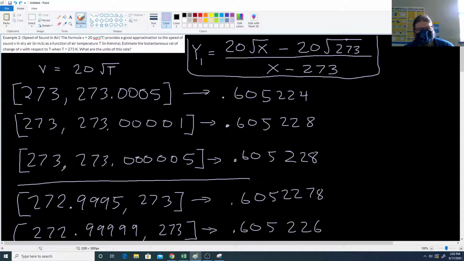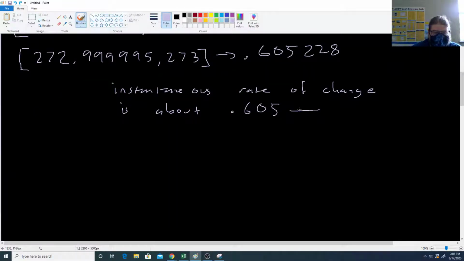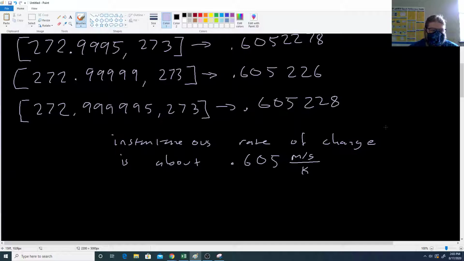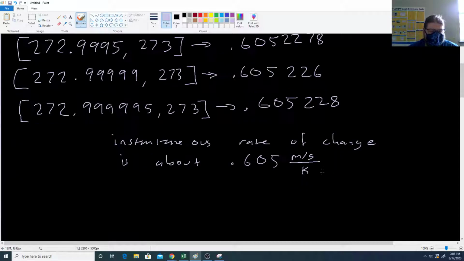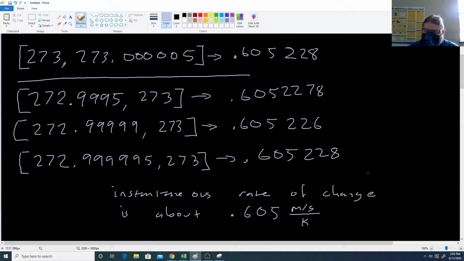So it's going to be meters per second per Kelvin. We could write it as meters per second per degree Kelvin. This would be an estimation out to 3 decimal places. Ours agreed pretty far out, so we could have taken it to more decimal places, but we'll say 3 decimal places is good enough, and stop there.